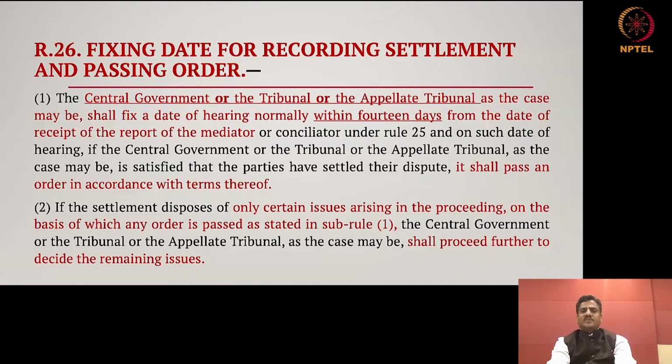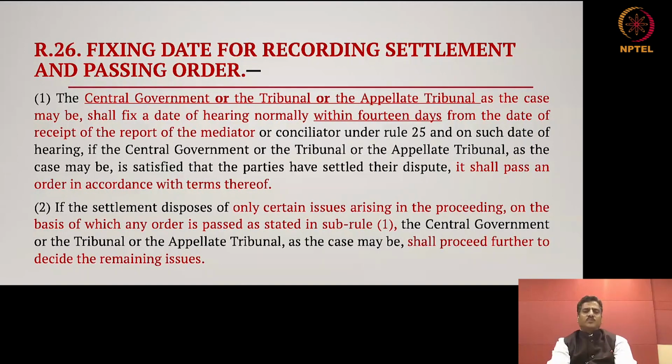So here the central government or tribunal or appellate tribunal shall fix the date of hearing normally within 14 days from the date of receipt of the report of the mediator or conciliator under Rule 25. And on such date of hearing, if the central government or tribunal, as the case may be, is satisfied that the parties have settled their dispute, it shall pass an order in accordance with the terms thereof.